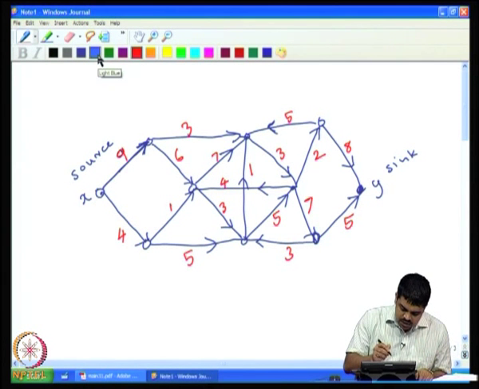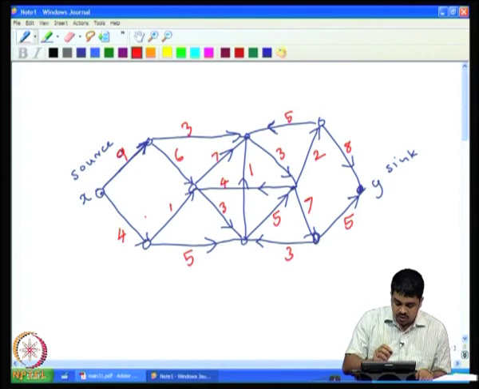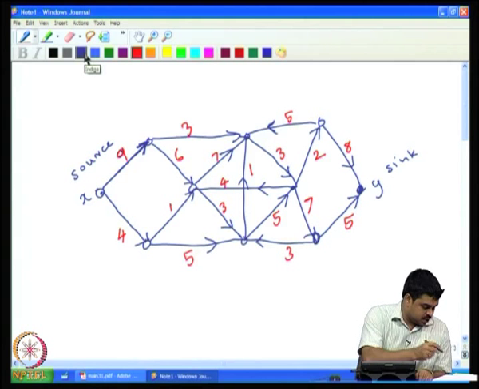In fact, the C values are associated with the network, and it is not the flow. It is only used to say that the maximum which can flow through an edge is the capacity of that edge, but the flow is another function.